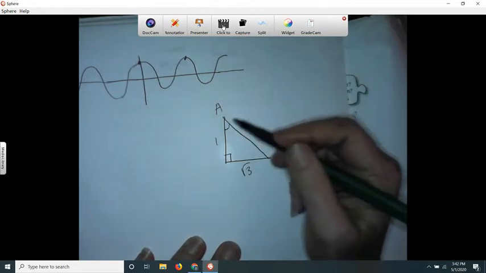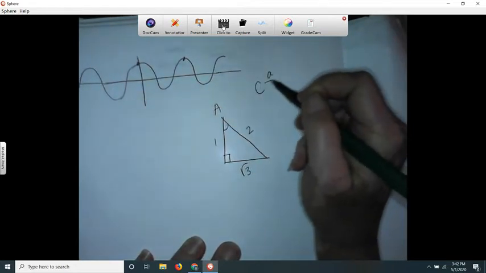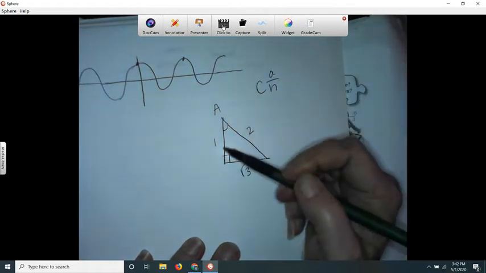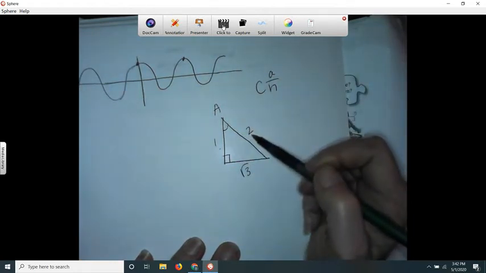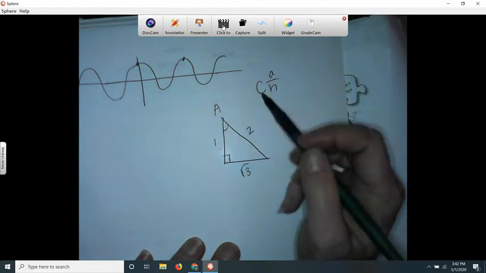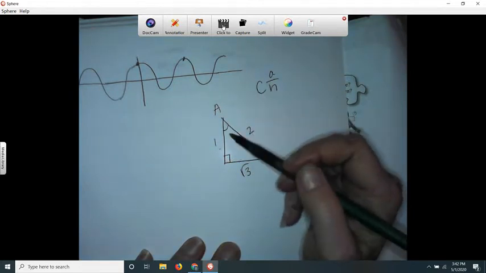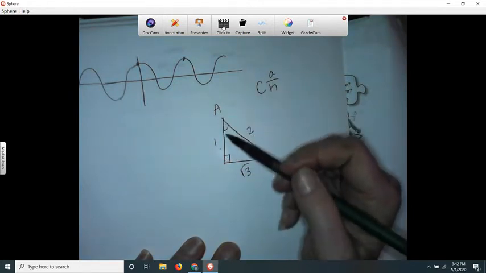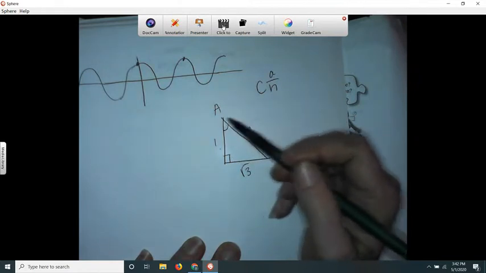For cosine A, you know how cosine is adjacent over hypotenuse? Cosine A would be a half here.